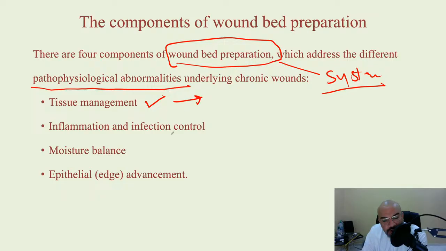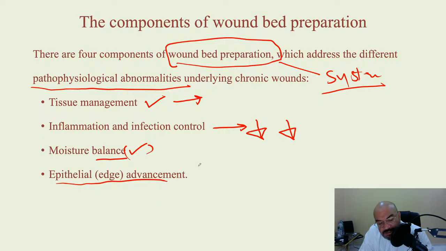Inflammation and infection control: we should reduce the body's inflammatory responses and maintain the wounds with a low microbial burden, and make a balance for the moisture, taking the same principle from moist wound healing, and ensure epithelialization or edge advancement. In this case, we support the keratinocytes. When the keratinocytes come, we start building the new tissues.